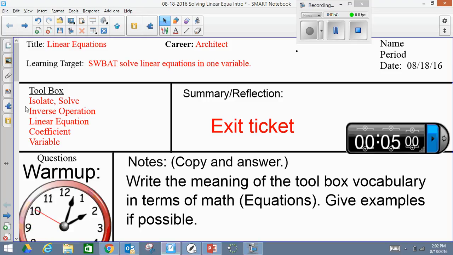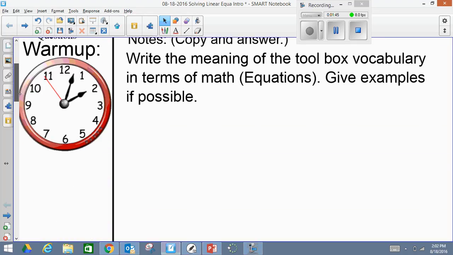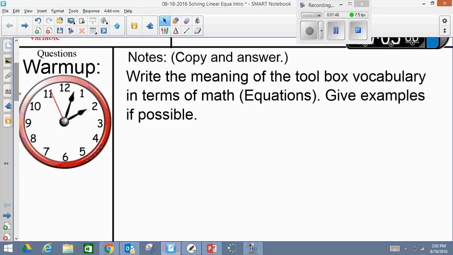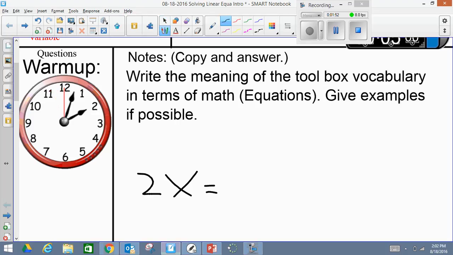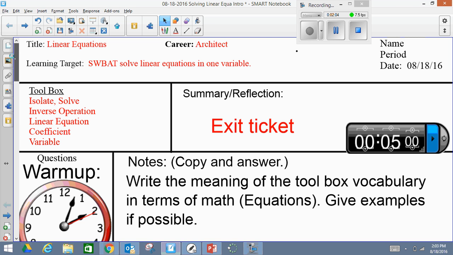So when you have an equation, and I'm going to write an equation right here underneath, it can have x equal, let me say 2x equals 10, for example. That's an equation. I can say isolate the variable, and the variable is the x. So isolate means leave by itself.